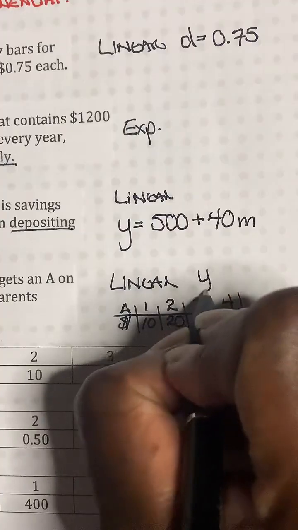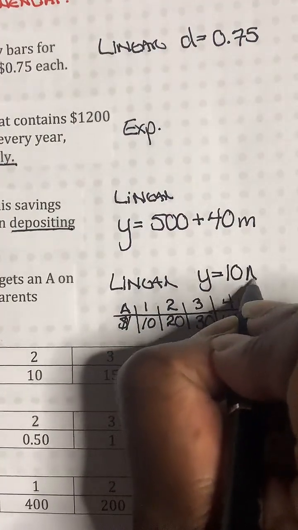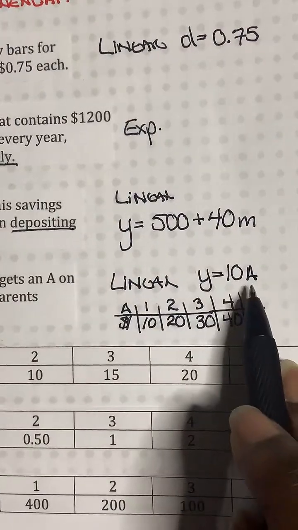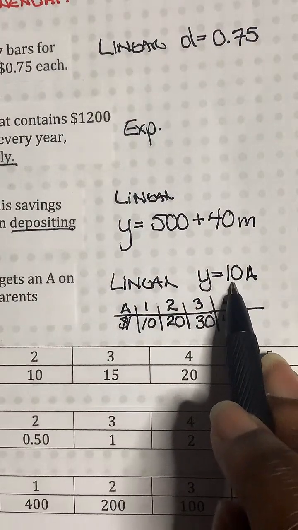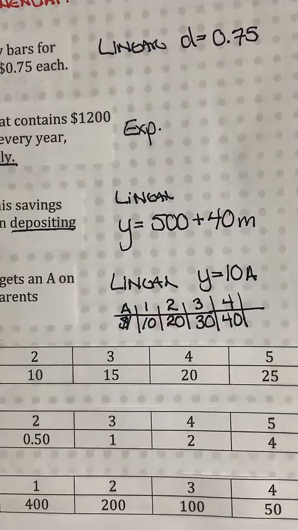So we're looking at y equals 10a, or x. So that means for every a, I get $10. Okay, so it's not addition, it's actually multiplication. You're multiplying, yes. Okay, so you're going to be multiplying, not adding.